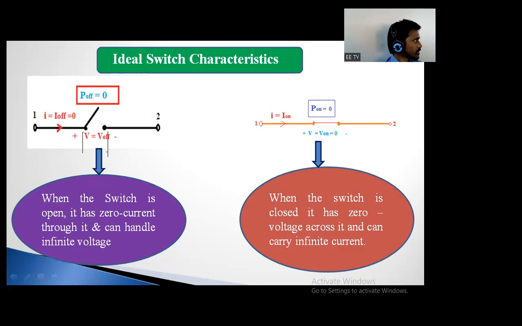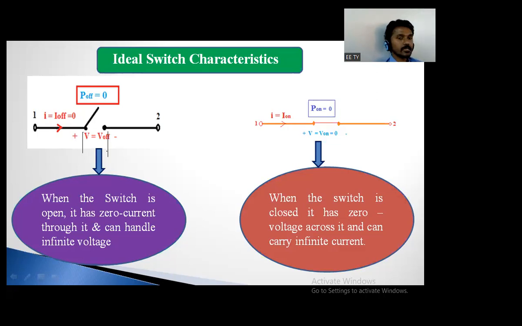Which voltage is present across the switch? Whatever we apply to the switch. What input did we give the switch, AC or DC? How much voltage did we apply? For example, we have given 100 volts single phase AC, so 100 volts will be present across the switch.